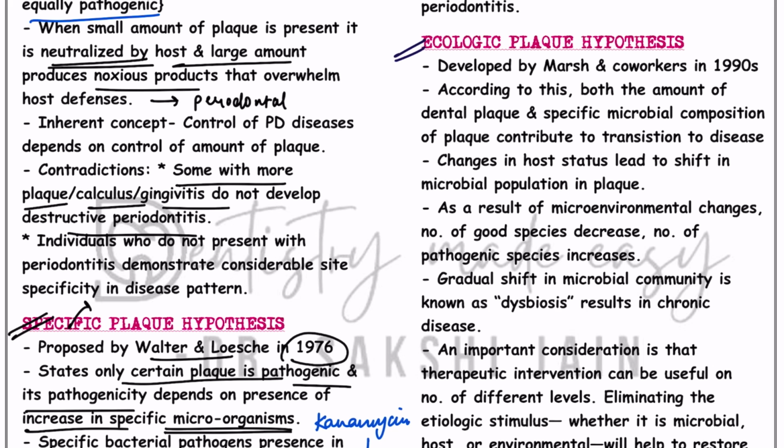It is based on a very famous saying, that everything is everywhere, but the environment selects. This saying was given by Baas Becking in 1934, which means microorganisms are present everywhere throughout the oral cavity in all individuals, but only under certain environmental factors will they manifest and lead to periodontal destruction.